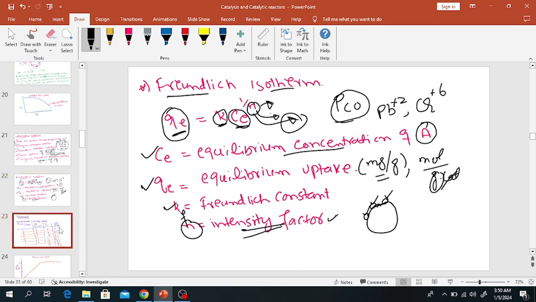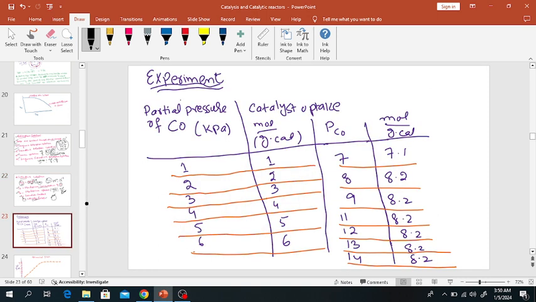Suppose we have done some experiment in the lab, related to the adsorption of carbon monoxide molecules on the catalyst surface. One column shows the carbon monoxide partial pressure in kilopascal, and the other column shows the adsorbent or catalyst uptake, in moles of carbon monoxide adsorbed on 1 gram of catalyst particle.